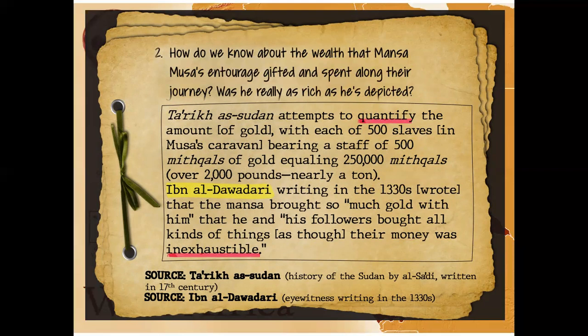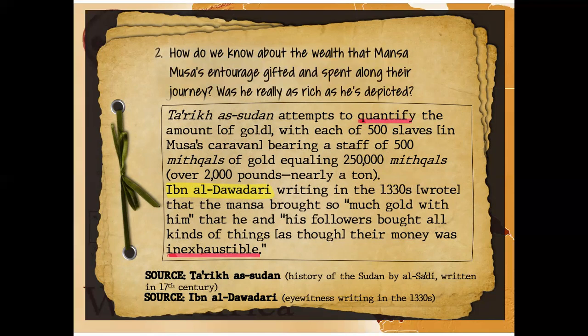If we don't recognize the sources that we're getting our information from, we really can't say whether they are credible or reliable sources to tell us about Musa's entourage or his wealth. We've seen Tariq as-Sudan. Our news source highlighted here, Ibn al-Dawadari, is an eyewitness writing in the 1300s or the 1330s.